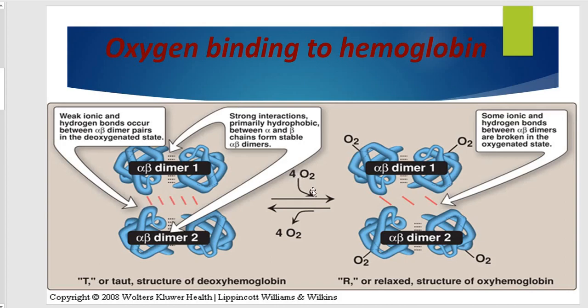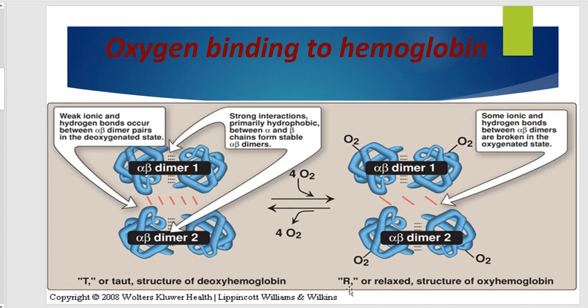When oxygen binds to hemoglobin, this will break the weak ionic and hydrogen bonds between the 2 dimers. So the 2 dimers will be relaxed or stretched, and this is what's called oxyhemoglobin. It means hemoglobin with oxygen, or the relaxed form of hemoglobin, or R form.